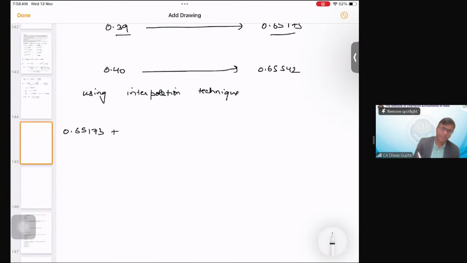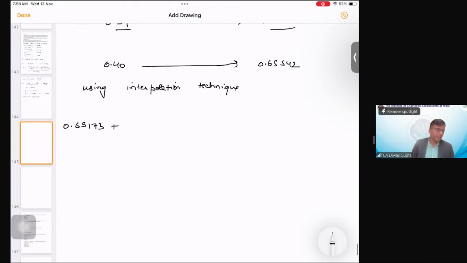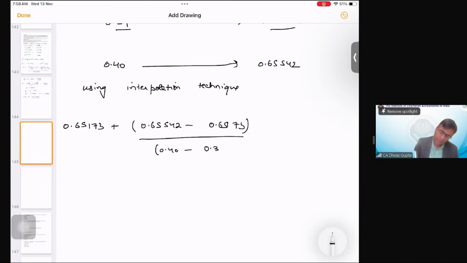0.65173 plus 0.65542 minus 0.65173, divided by 0.40 minus 0.39, multiplied by 0.39327 minus 0.39. There may be small differences because of the rounding off, so that should be okay.